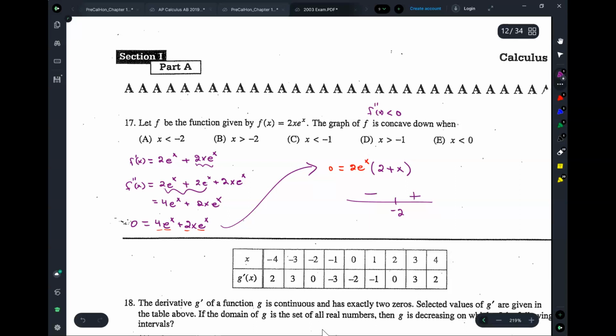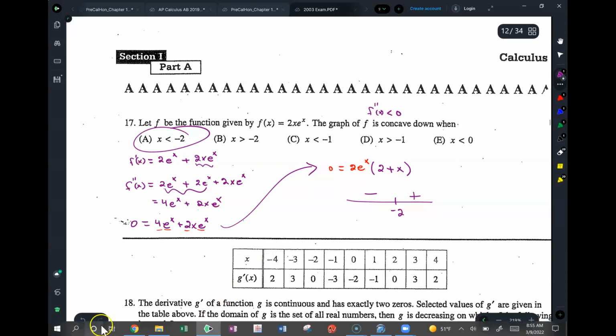And before negative 2, it's negative, so this is concave down at A. Yep. Okay, so I do have the full solutions to this on MyJack, so go ahead and take a look. For tonight, I want you to do the other part to this.